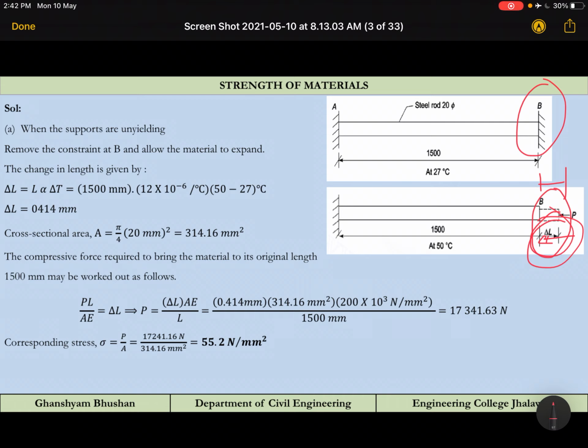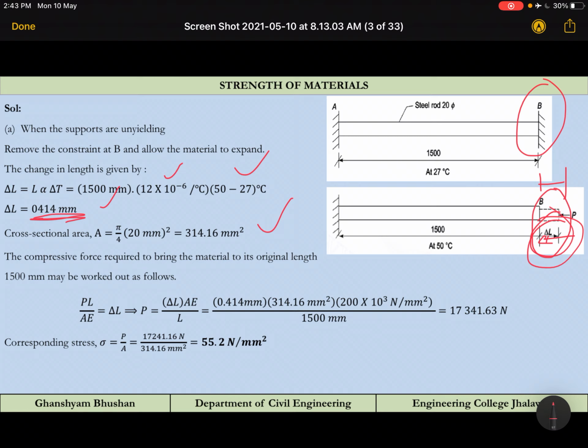So first we have to calculate the length by which it will try to expand. So L into alpha into delta T. It is coming out to be 0.414 mm. Corresponding to this deformation, the stress will generate. Now the cross section area, you can solve it by pi by 4 d square.